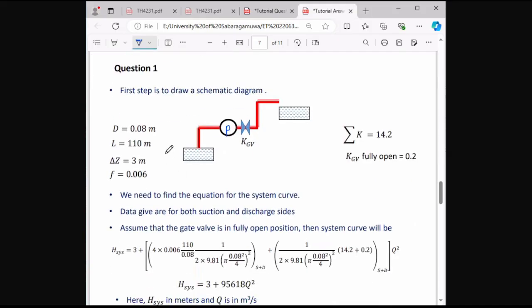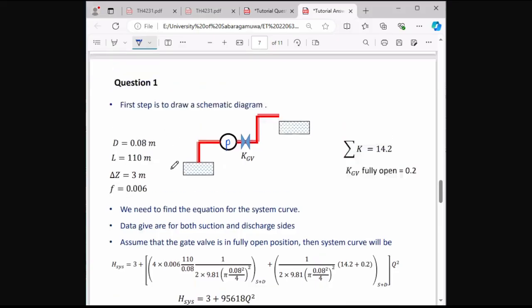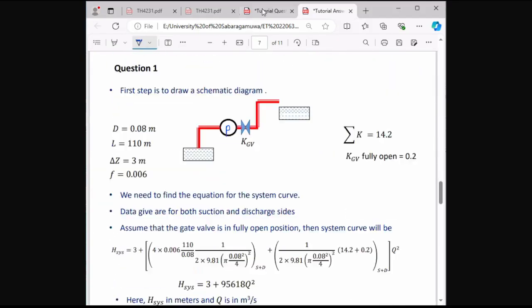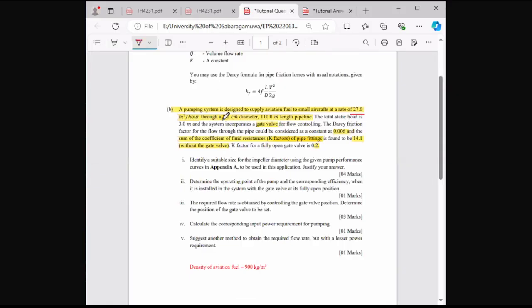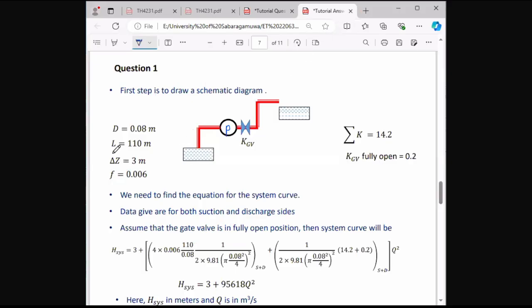Then you can note down the given details. Pipe diameter is 0.08 meter, 8 centimeter. Length is 110. Dz means Z2 minus Z1.